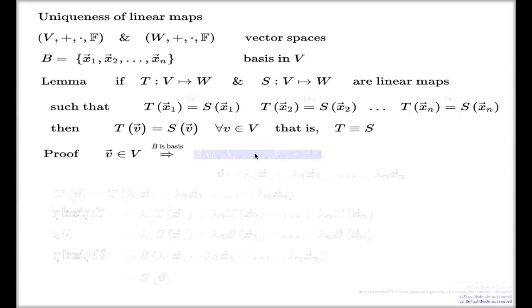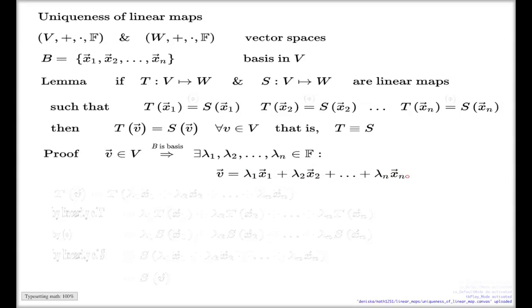So it means that we have scalars, lambda 1, lambda 2, lambda n from my field of scalars such that my vector V is representable as a linear combination, like so, a linear combination of elements of my basis. So if I now compute T of this vector V, representable as a linear combination, I can substitute my linear combination, lambda 1 x1, lambda 2 x2 plus dots lambda n xn.